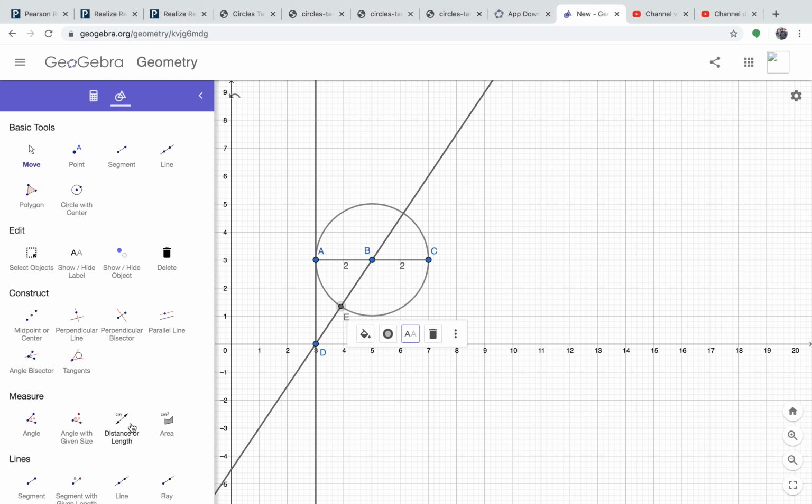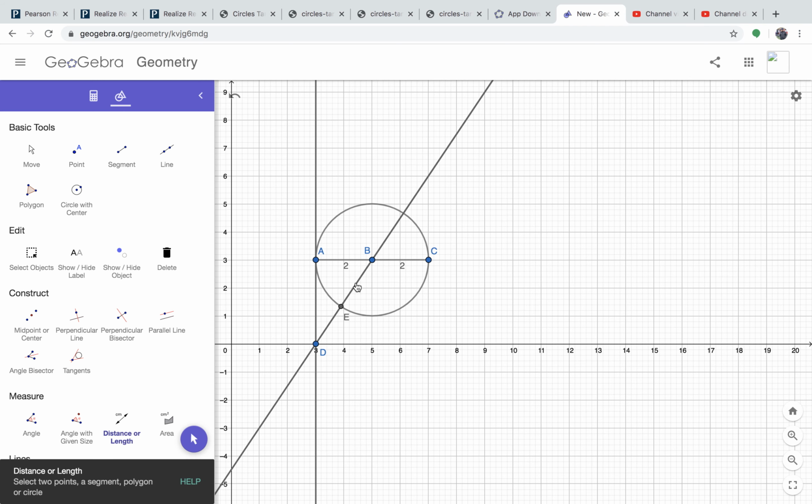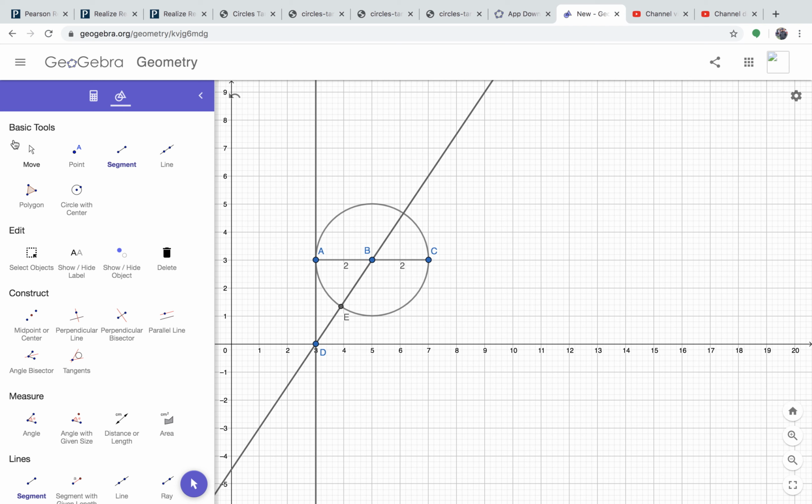This line segment here should be 2 once I select it, right? I have to recreate it because I didn't create a line segment, I just created a line, right? So now I have to do 2 line segments.